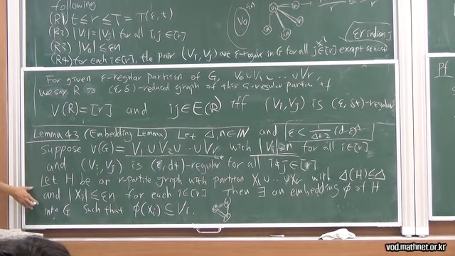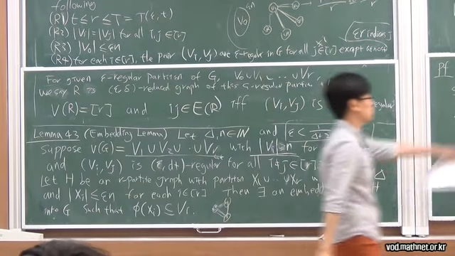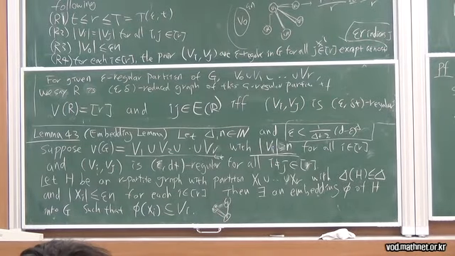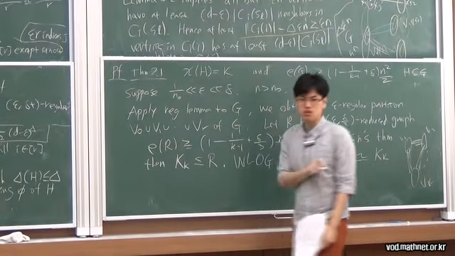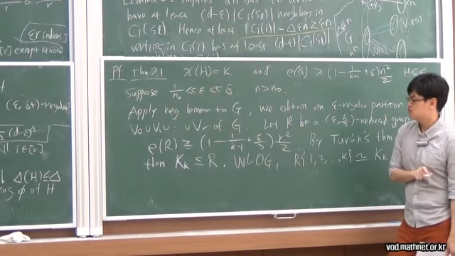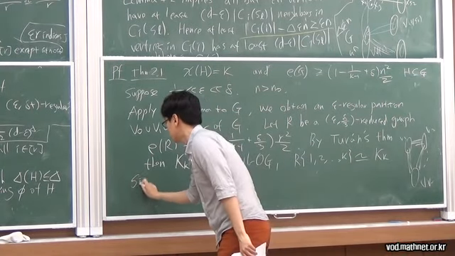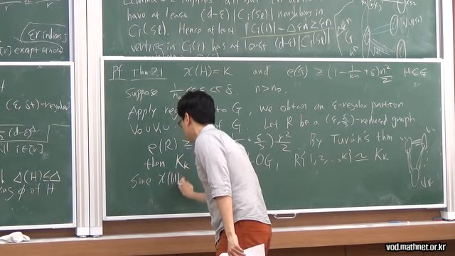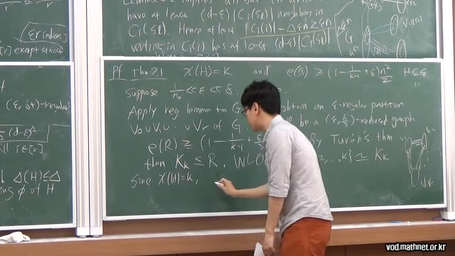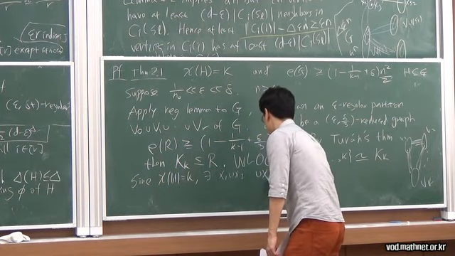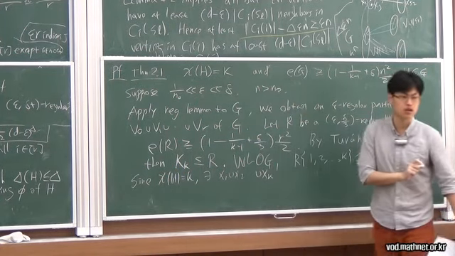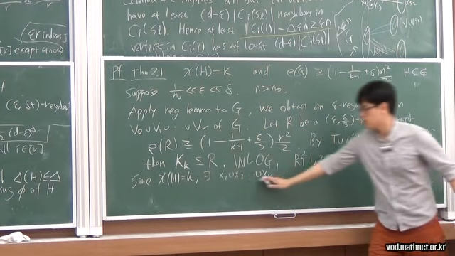And now, can you find the structure for H? For H, because its chromatic number is K, it automatically has a partition X1, X2, up to XK, where each of them is independent.